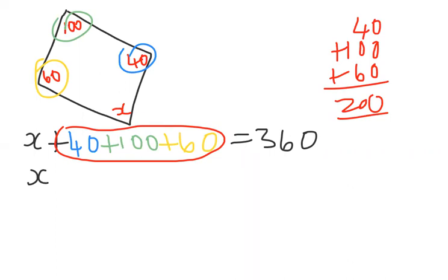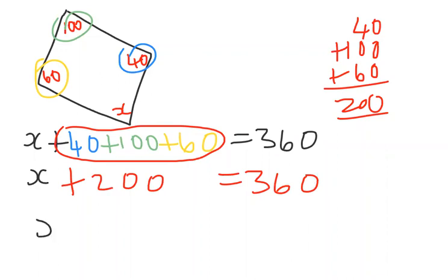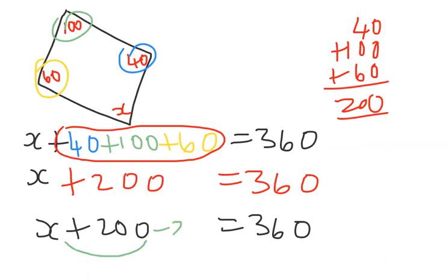Then x plus 200 equals 360. You keep the 200 there, just leave it there for now. But now, because this is a plus 200, I'm going to say minus 200. And on the right also, minus 200, because whatever you do on the left, you do on the right as well.